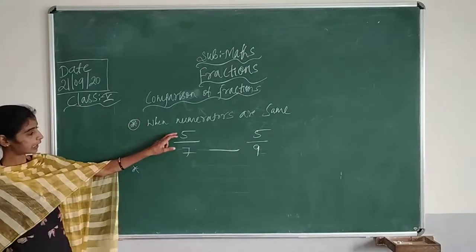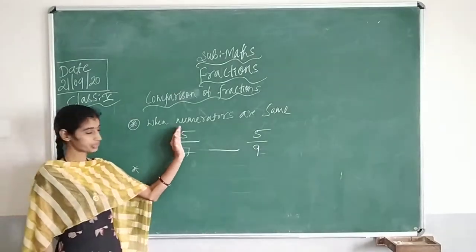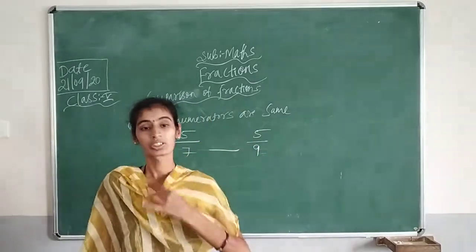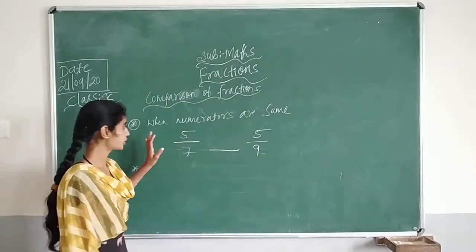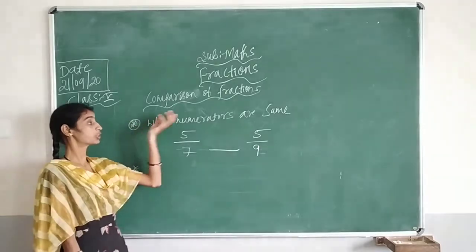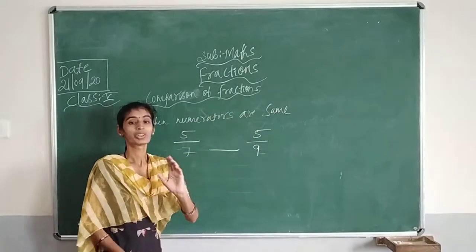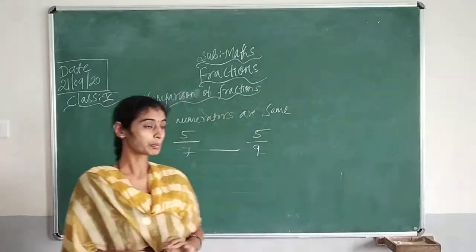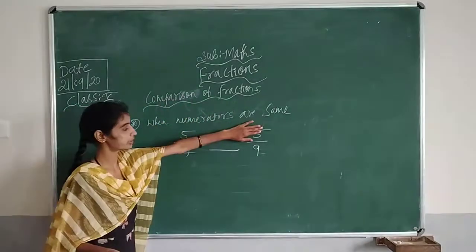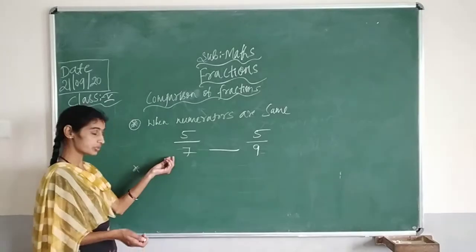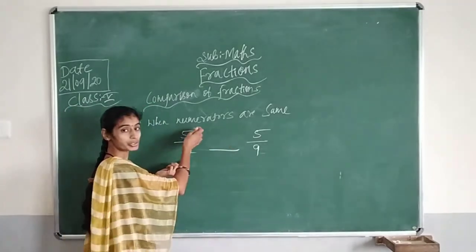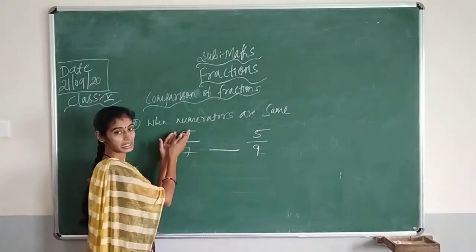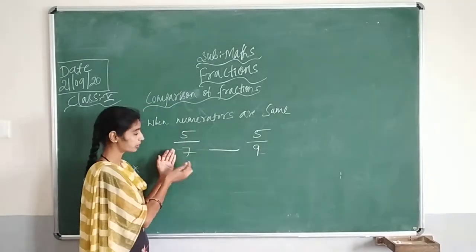You all know 5 by 7 is one fraction and 5 by 9 is another fraction. What is the condition given here, children? When numerators are same, how do you compare? It's very easy. When the numerators are same, you cannot say 5 and 5 are equal, so you leave the numerator and go to the denominator.